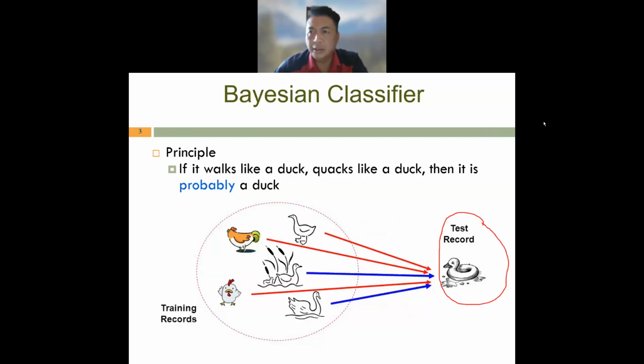What is the probability of having this new item with the class membership from different classes? We will compute the probability of having this in the same class as the previous record that we have.